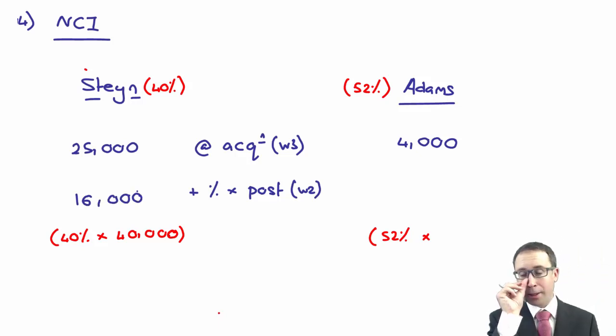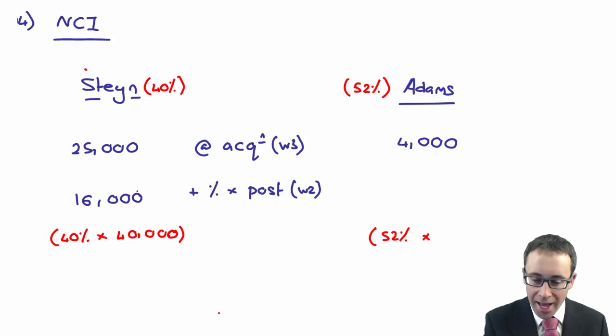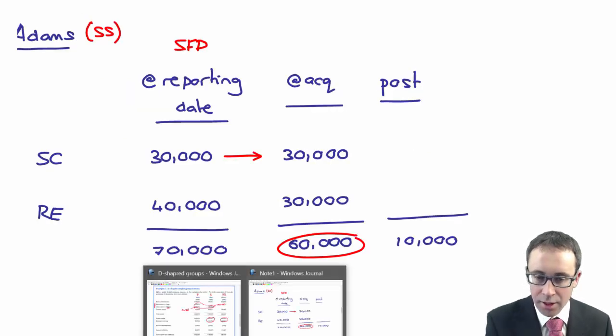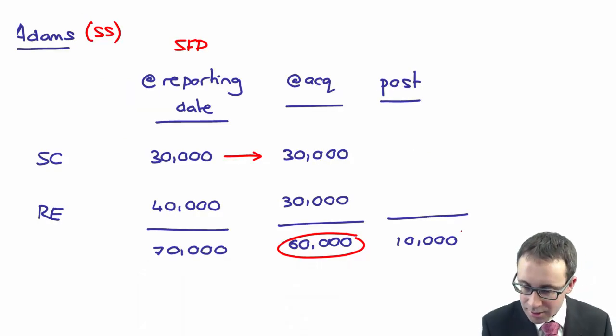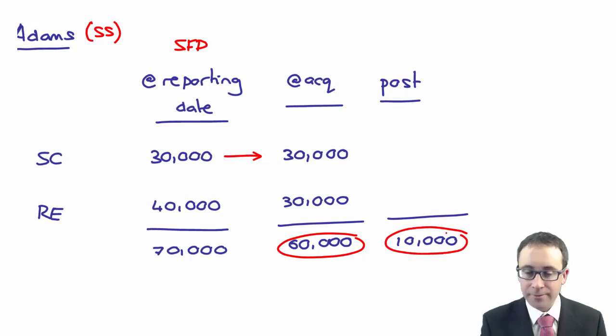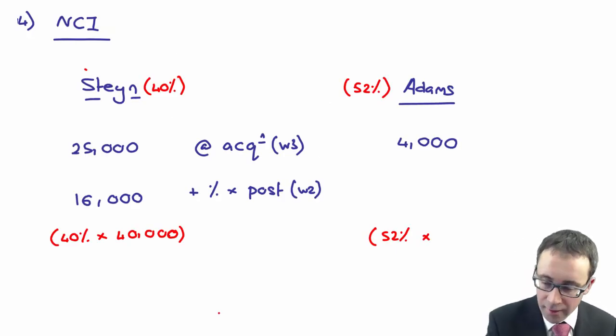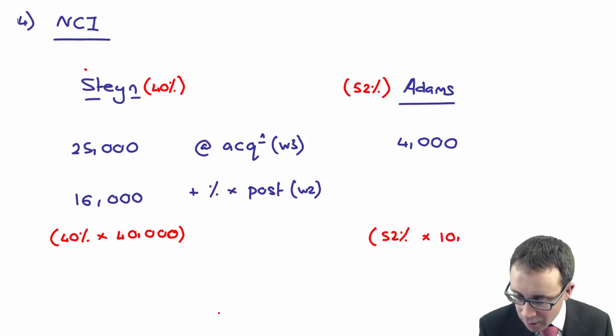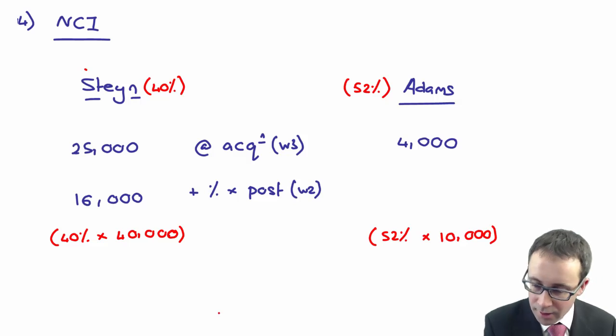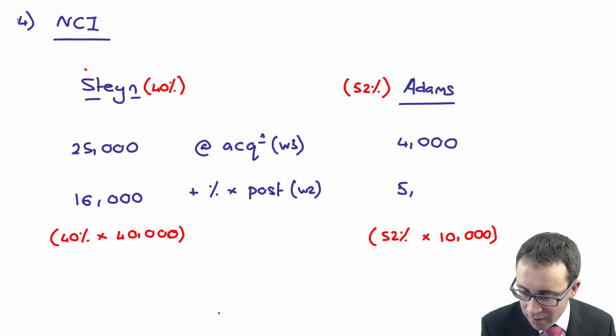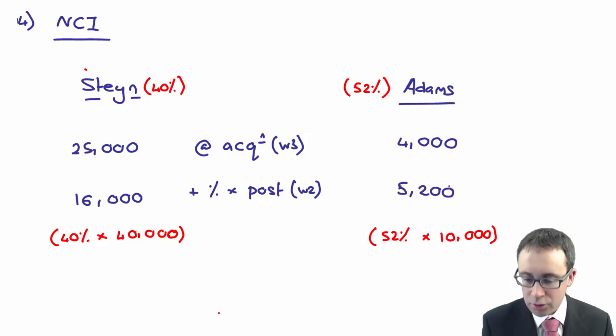But I just want to double check. And then on Adams, you have there 10, as the post-acquisition profits. So the 52% of 10,000 is there as 5,200.